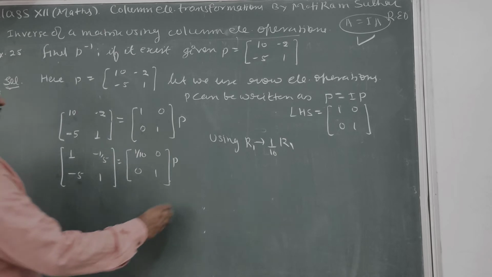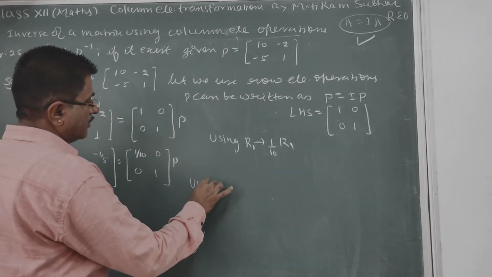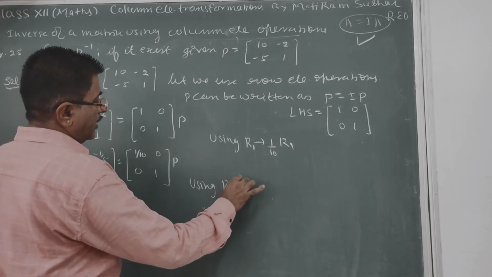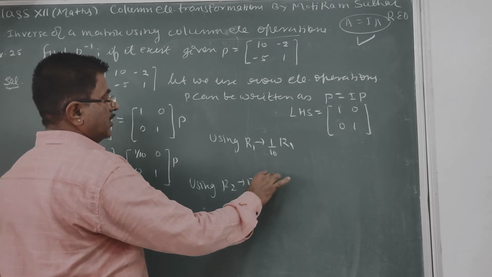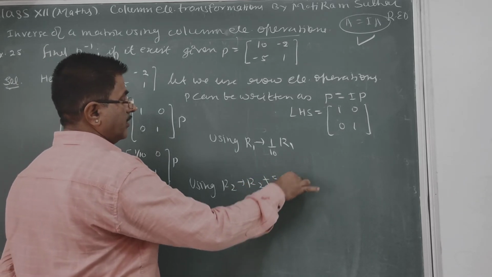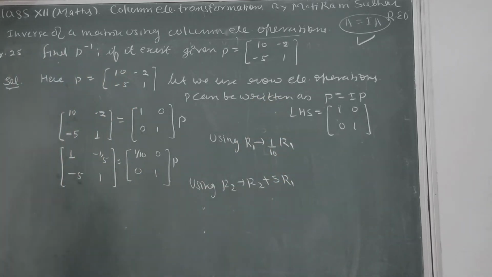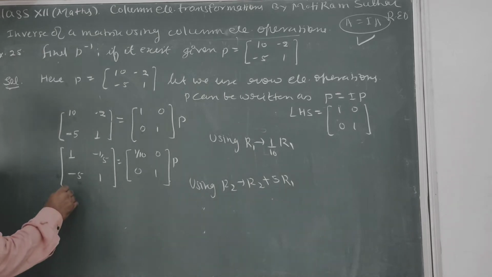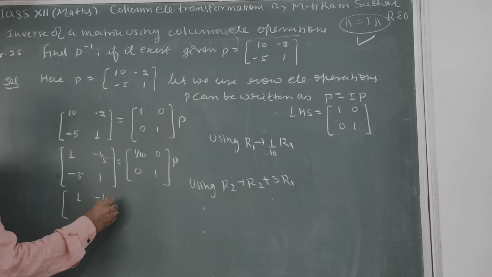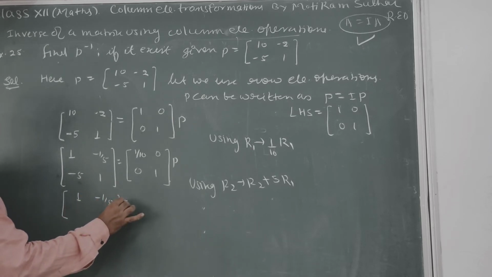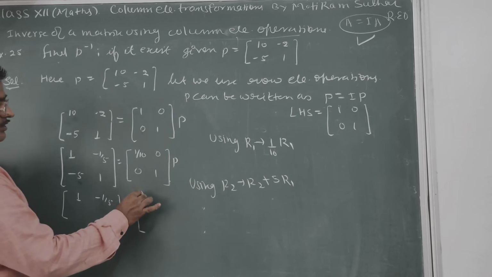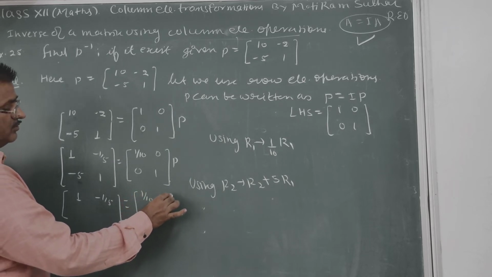So using R2 as R2 plus 5 times R1. First row तो वैसे ही रहेगी, 1 minus 1 by 5, और राइट साइड में भी फर्स्ट रो वही रहेगी, 1 by 10, 0.